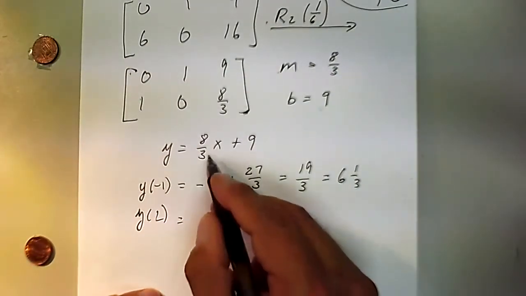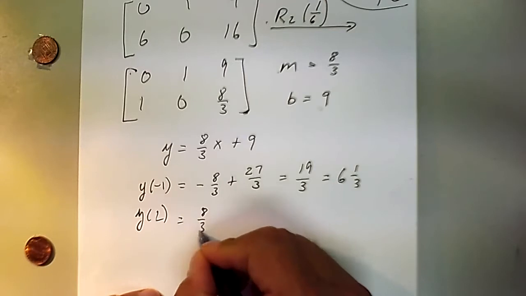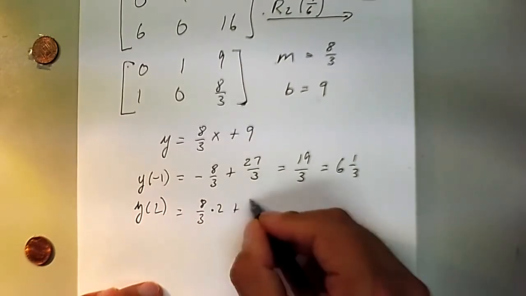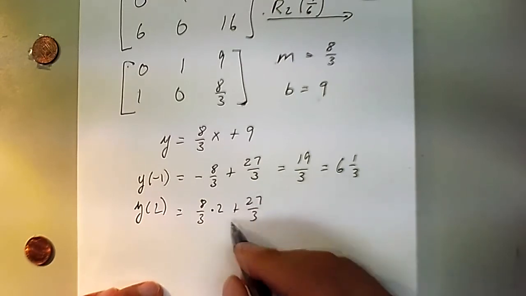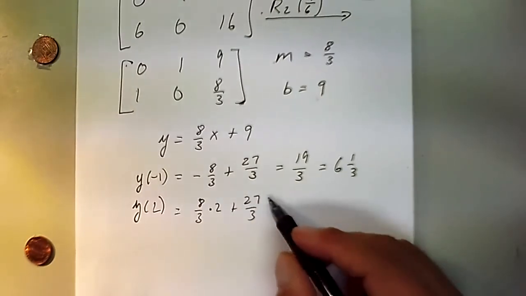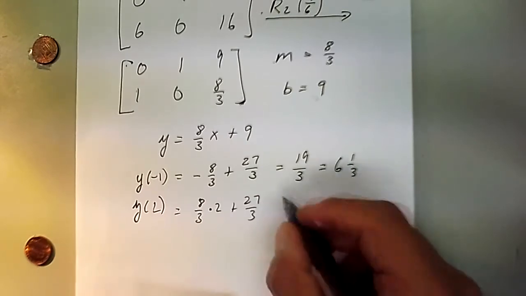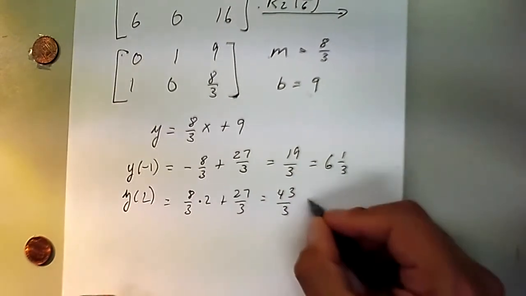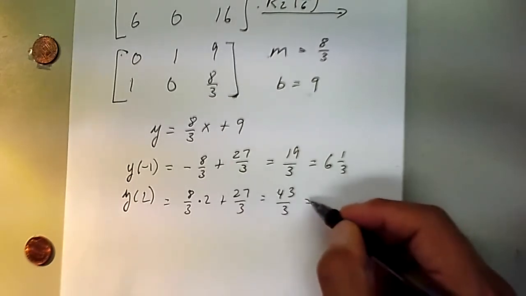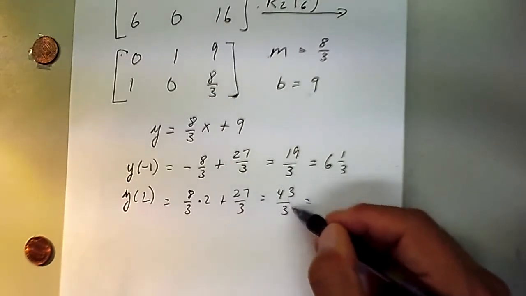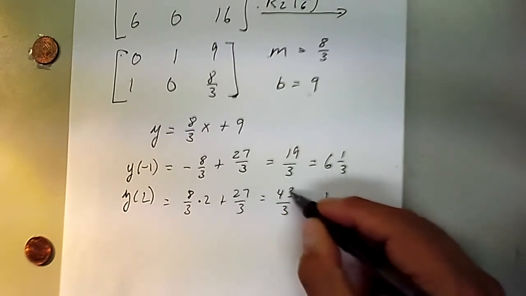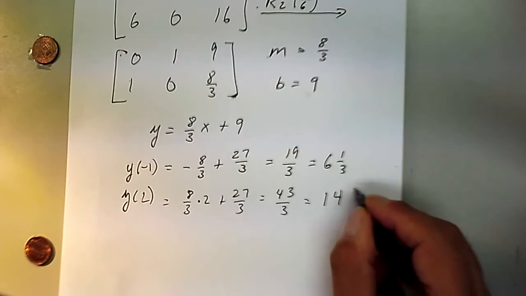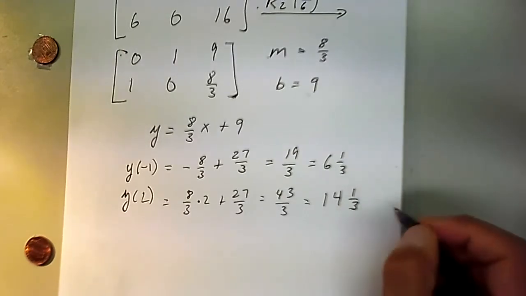This is 8/3 times 2, which is going to be 16/3 plus 27/3. 16 and 27, 43/3, which is 14 and 1/3.